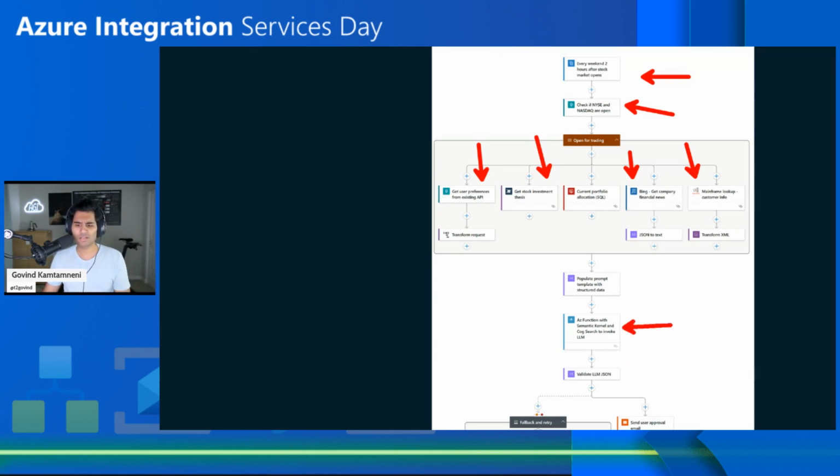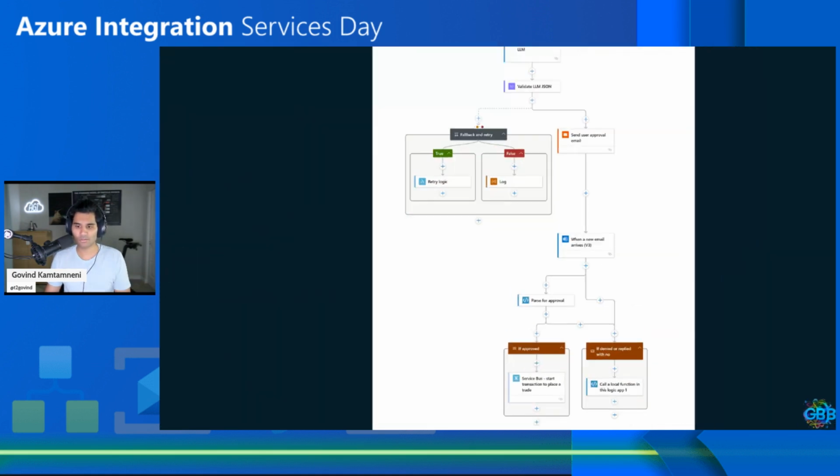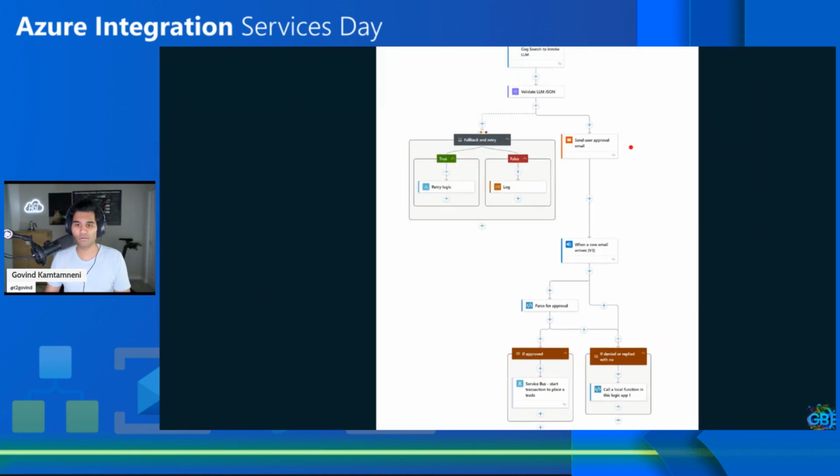Then you can use something like Semantic Kernel, or an Azure Function embedded in the Logic App, that can call the large language model directly, and then you can get approval through an email flow. So you'll have a human in the loop. It could say, hey, maybe today you might want to sell some Nvidia, or invest 10% more in Microsoft.